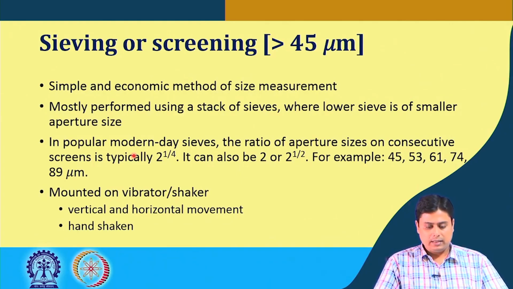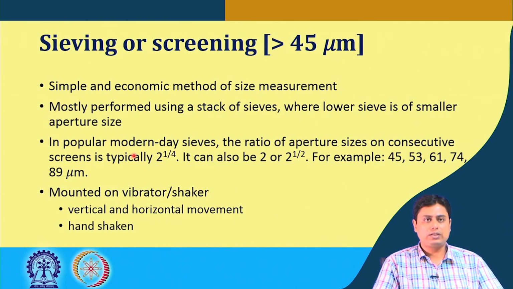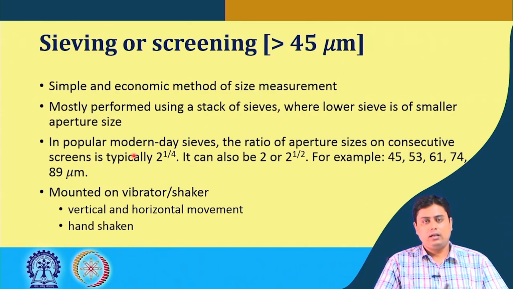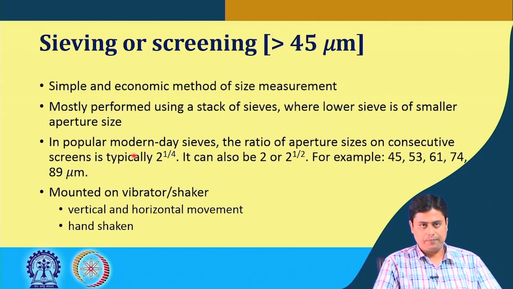Now, since this is a stack of sieves where the bulk solids are put into the screen, it is typically mounted on a vibrator or a shaker, where there is an option of vertical and horizontal movement, or sometimes it is also hand shaken.